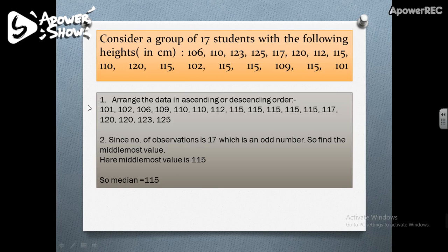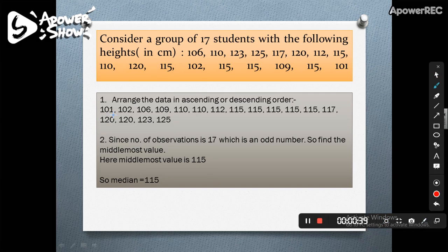For finding the median, I first arrange this data in ascending order. After arranging the data in ascending order, I try to find the middlemost observation. For this, you can find the middlemost observation like this.